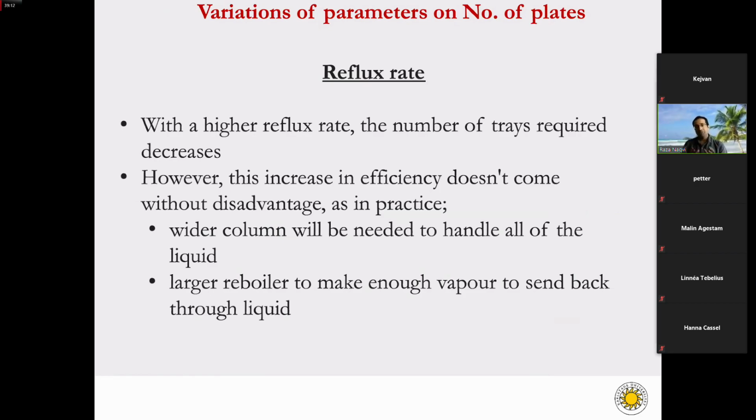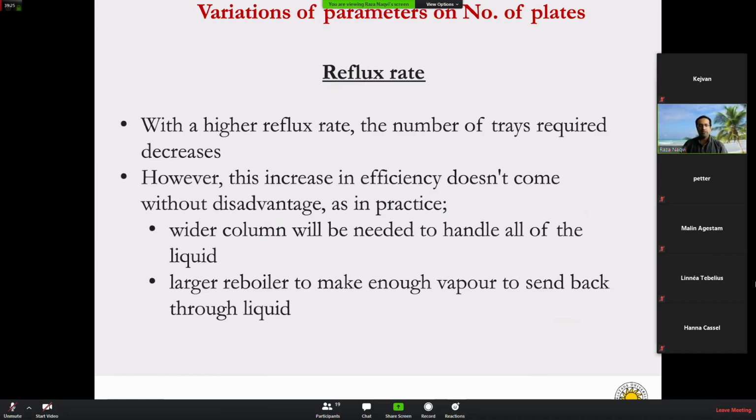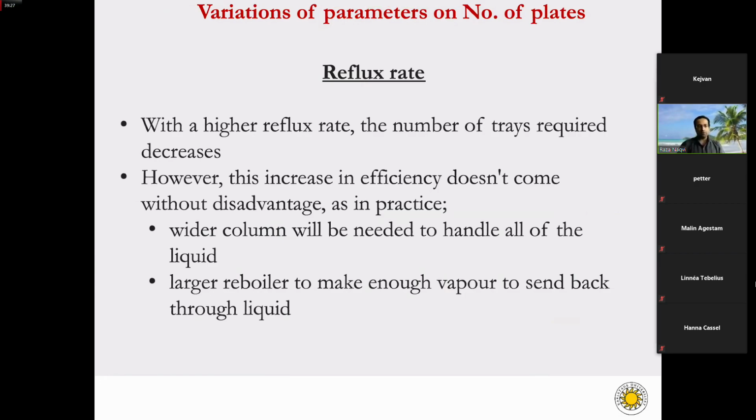But this idea will increase the dimensions or the diameter of the column, right? So there are certain disadvantages. And if you keep on increasing the reflux rate, you will not achieve a high capacity of the distillate or high volumes of the overhead product, which is your main purpose, that you would like to produce an overhead product or a bottom product, right?